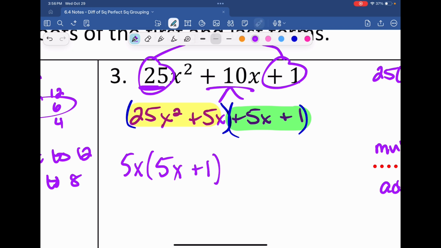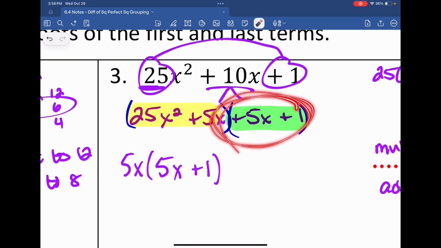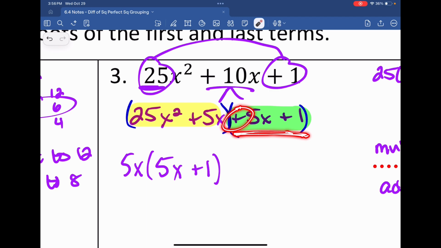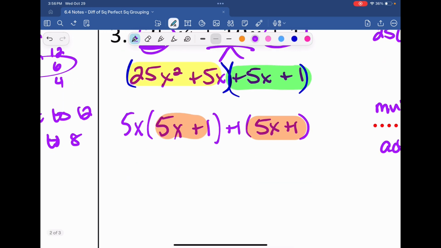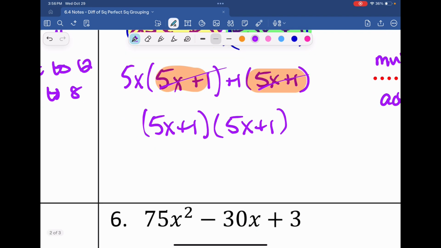And I mentioned on the 6-3 video, if you do not have a GCF, it's always 1 or negative 1, depending on the sign. No GCF, positive sign, so positive 1. Common binomial factor. Whatever is left, and that is a repeated factor.